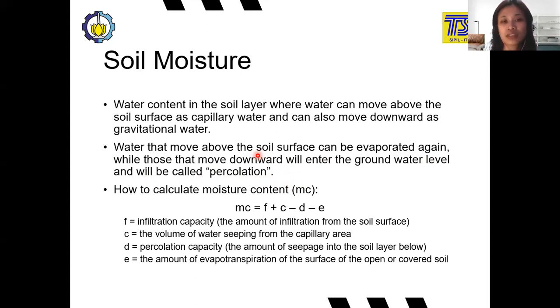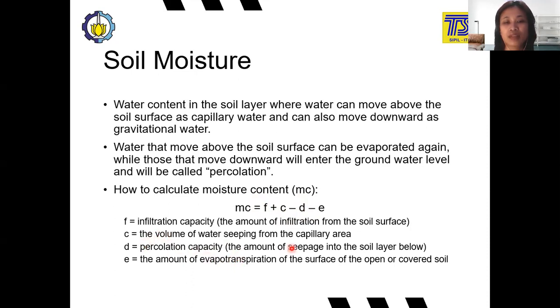How do we calculate the moisture content, or the soil moisture? Here we call it MC, moisture content. Moisture content is the infiltration capacity plus the volume of water seeping from the capillary area. So these two are the water coming into the soil, minus T. T is the percolation capacity.